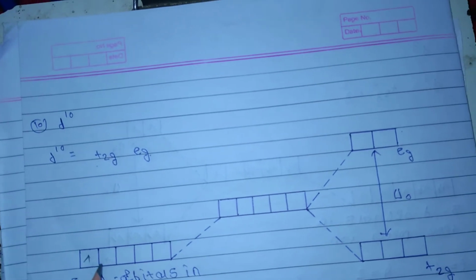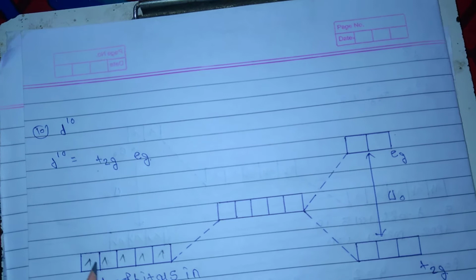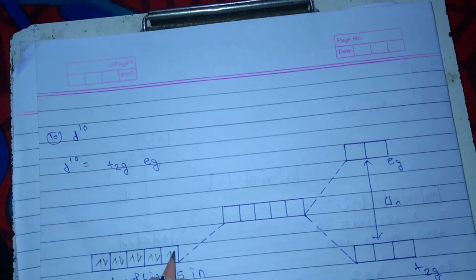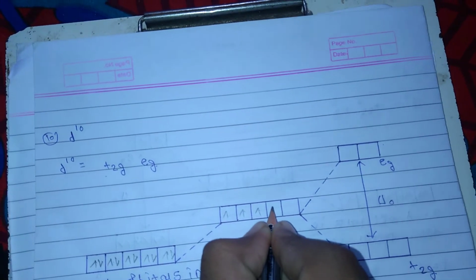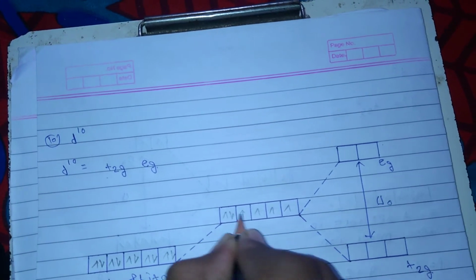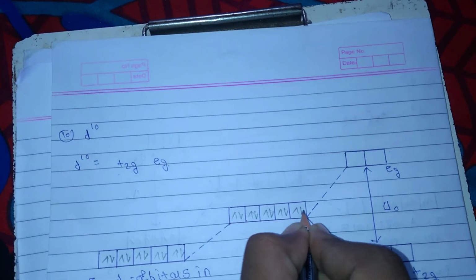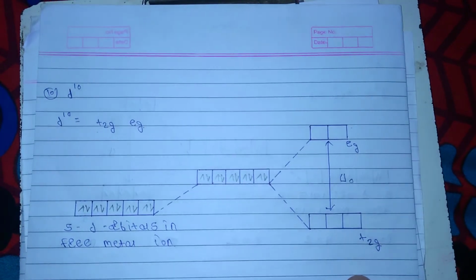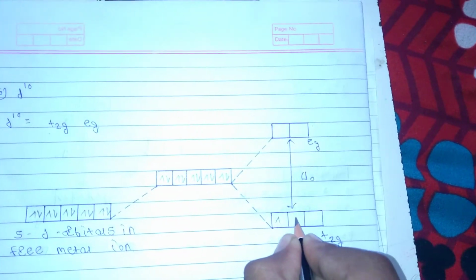Now D10 means 10 electrons, 1, 2, 3, 4, 5, 6, 7, 8, 9, 10. Then in the D10 configuration on the basis of high spin, the first 3 electrons go in the T2G set, 1, 2, 3.